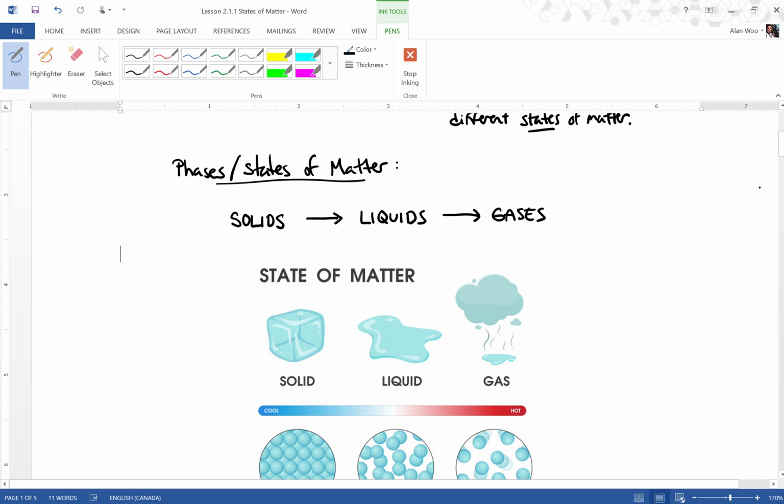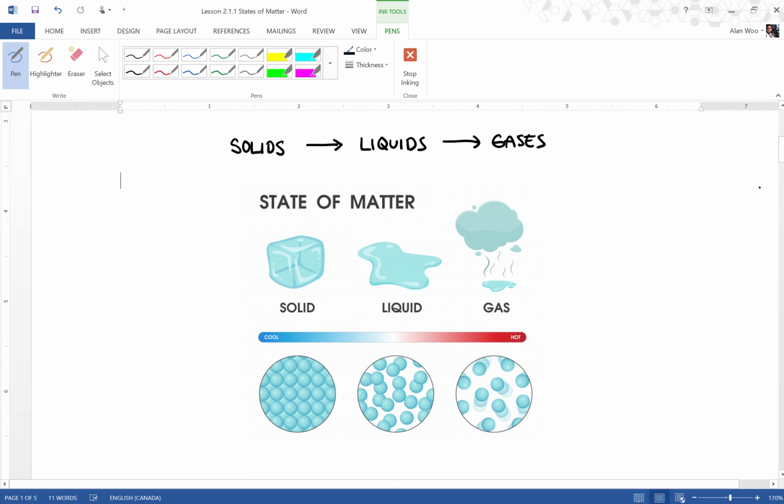So we all know that if you have solid water, you get something like ice. For liquids, you have water, and for gas, we have steam, for example. All three states are made from the same substance.